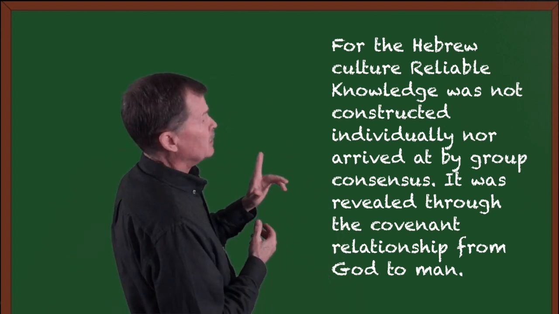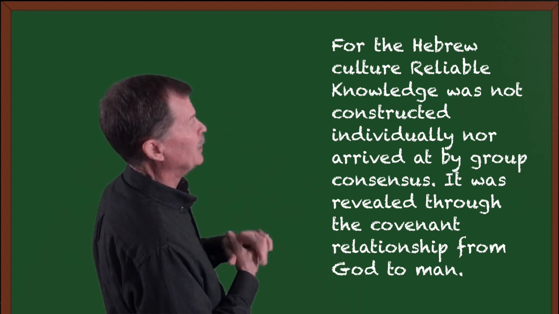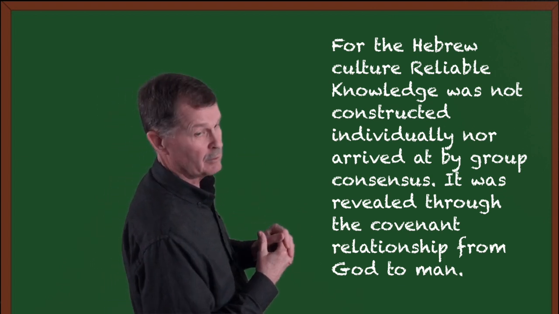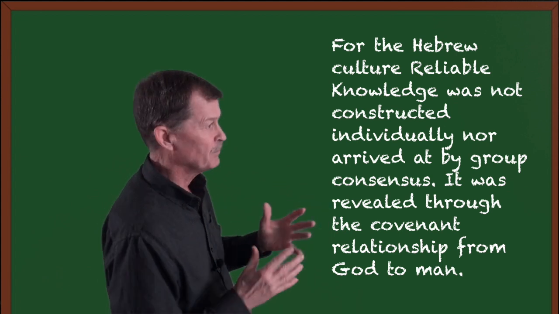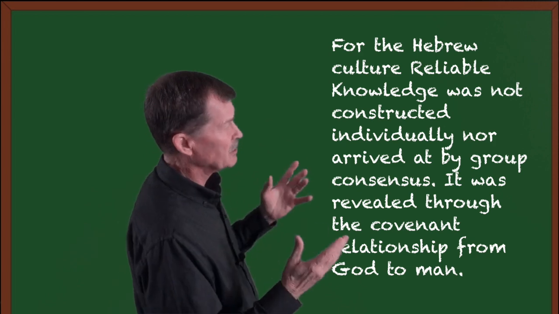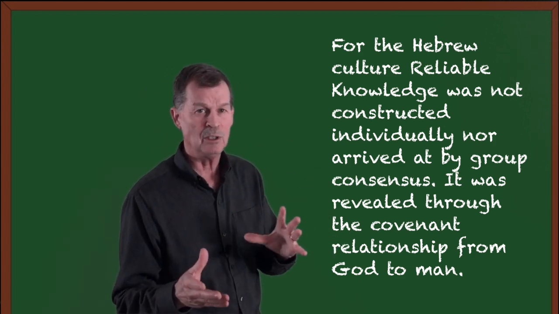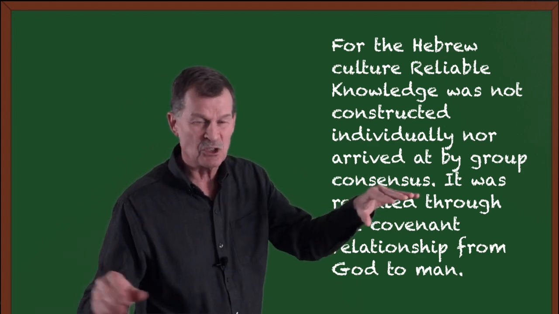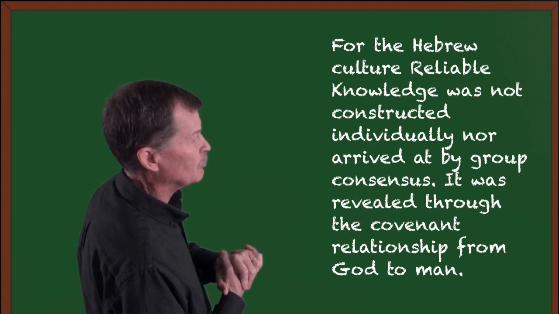It says, for the Hebrew culture, reliable knowledge was not constructed individually, which would be based on rationalism, nor arrived at by group consensus. That would also be rationalism, but by kind of how science operates today, on group consensus.